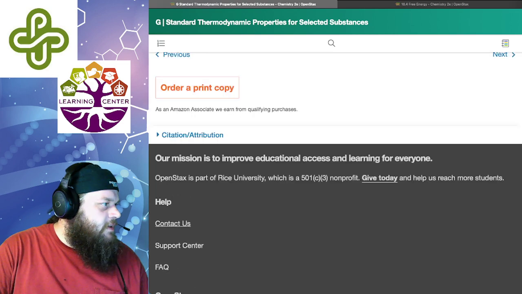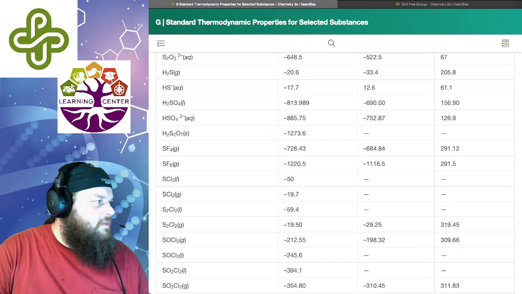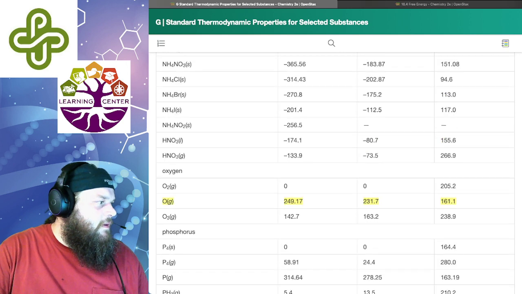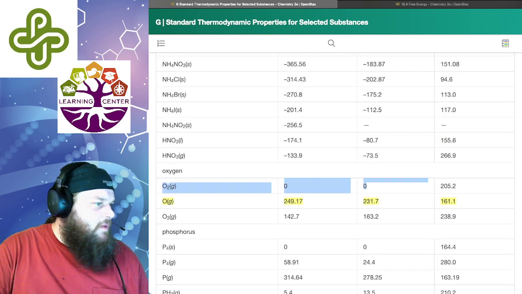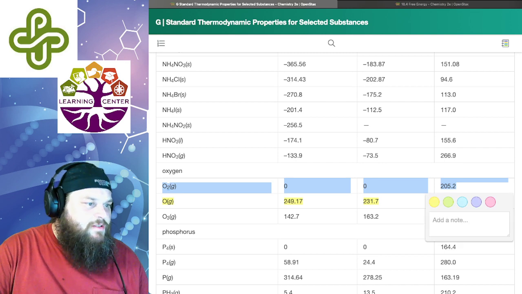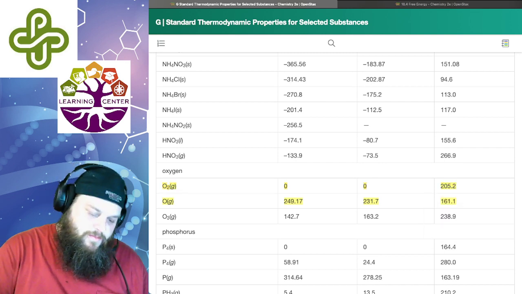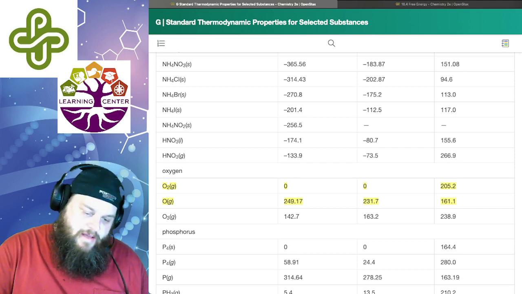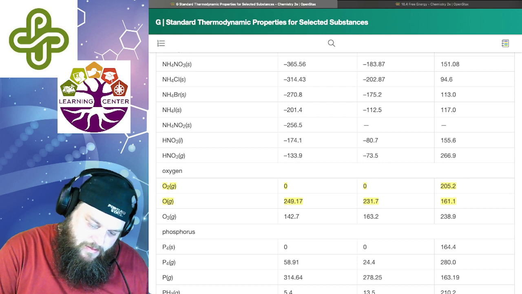Did I pass it? I might have passed it. Go back up. There it is. O2 gas, that's 205.2. And then NO gas, well, we had that up top. That's 210.8. And those are all in joules per Kelvin.